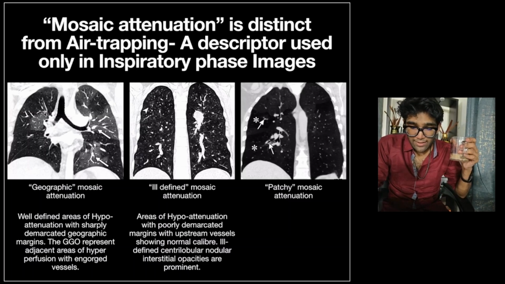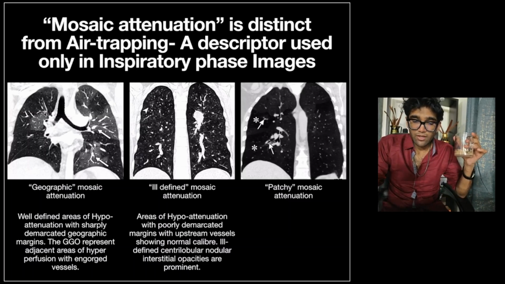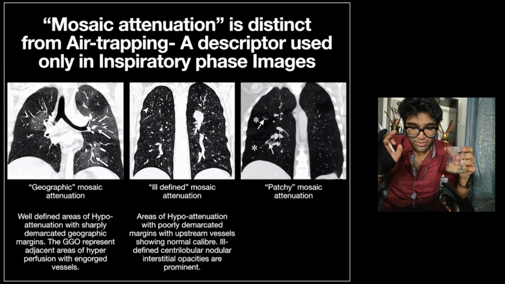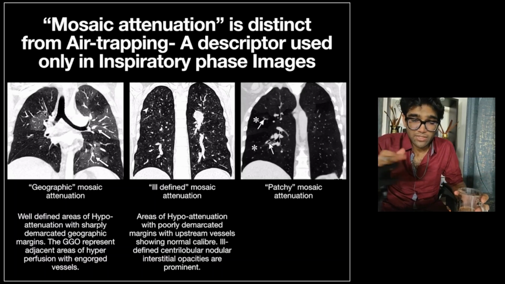As we've discussed, this is a finding of small airway disease. So you have centrilobular, nodular, interstitial opacities that are also prominent. This patient on an expiratory CT may show air trapping, and that would be called air trapping. So this is different from mosaic attenuation. Air trapping can go along with ill-defined mosaic attenuation in the inspiratory field as well.